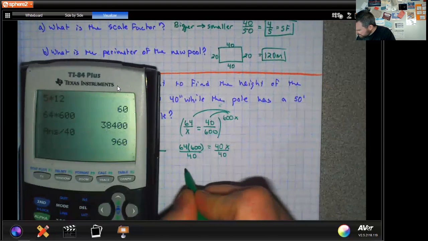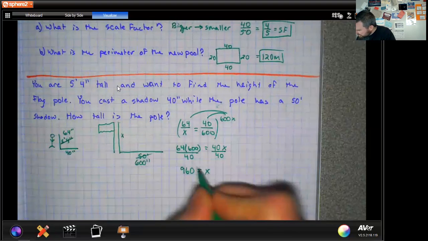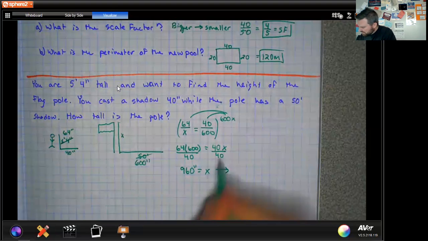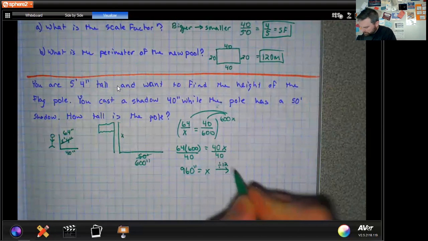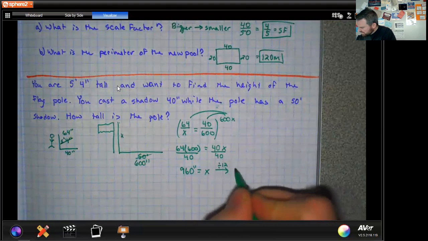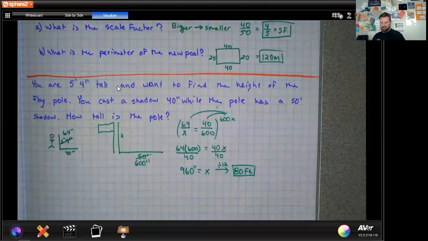And I get 960 equals x. Now remember, this is in inches. If I want to change that to feet, I can. I just divide by 12, and you get 80 feet. So that pole is 80 feet tall.